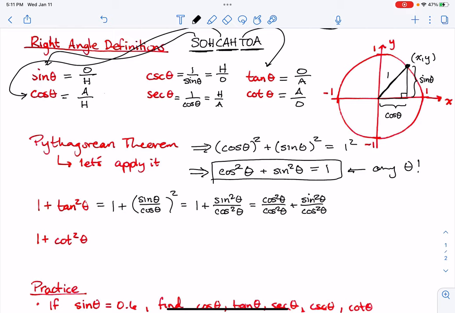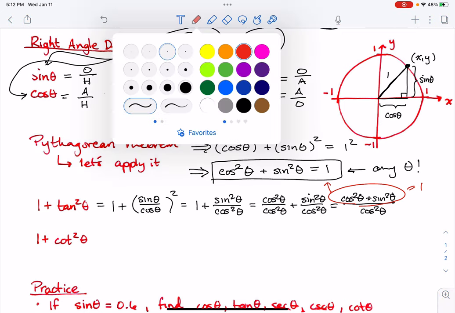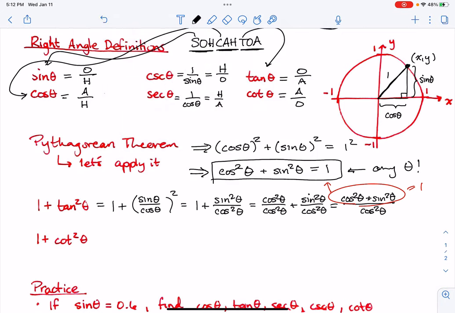All right, let's put these together. We have cosine squared theta plus sine squared theta over cosine squared theta. But notice what we have in the numerator. This thing right here, what did we say that was? That's equal to 1. That's just a trig identity, always true no matter what the angle is. So really, this whole expression turns into 1 over cosine squared theta.